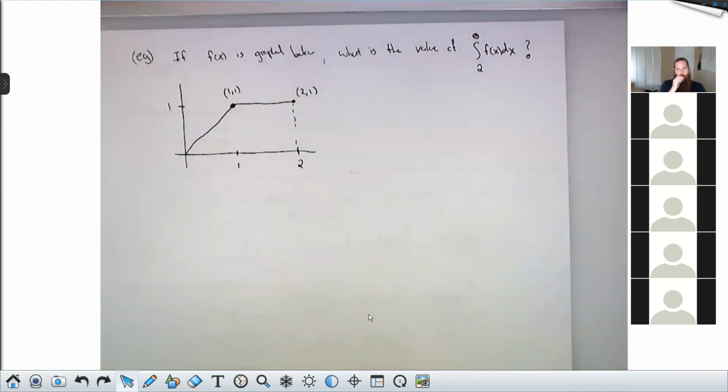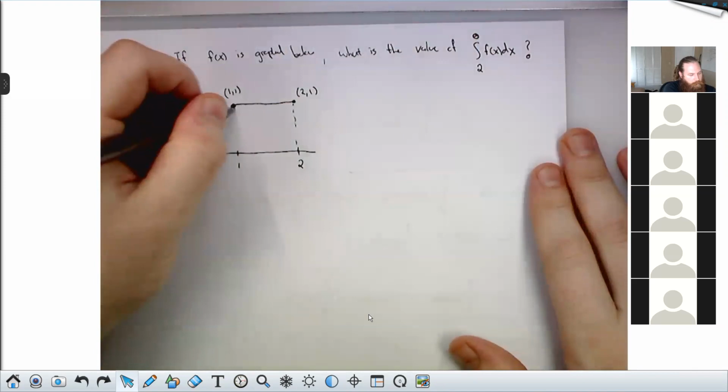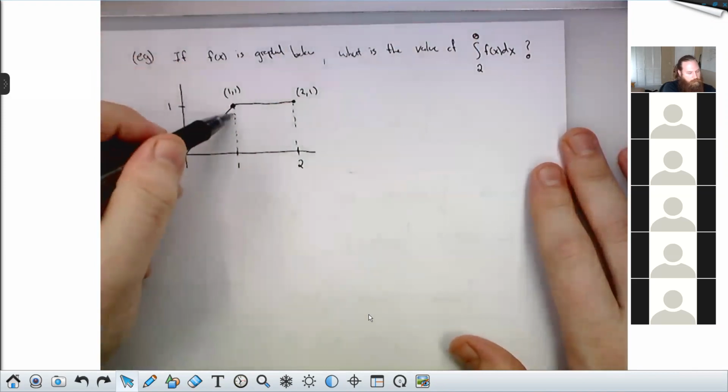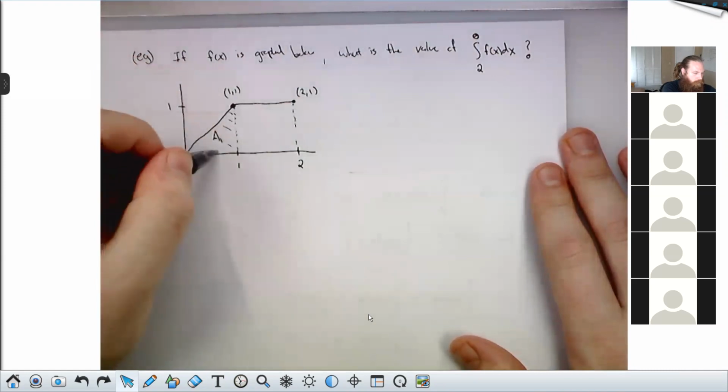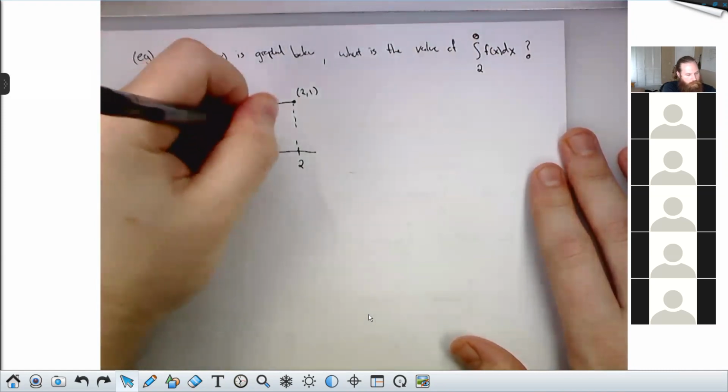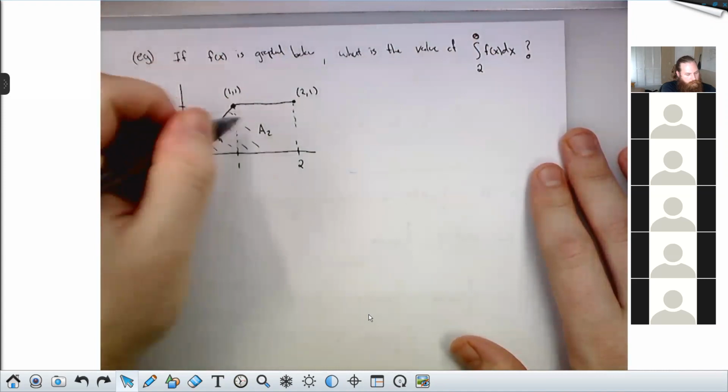Can you find the area by drawing a square and a triangle out of the two pieces? Good. Yeah, this is a rectangle and a triangle, right? Let's call this A1. We'll call this area A2.